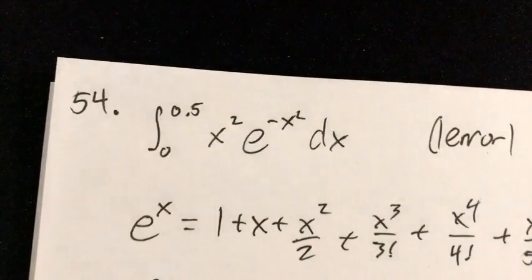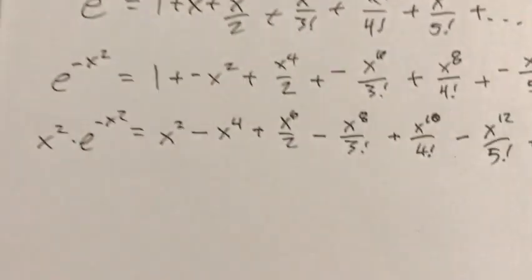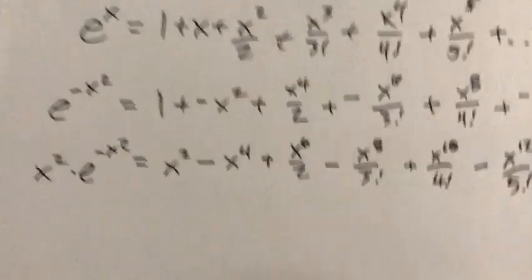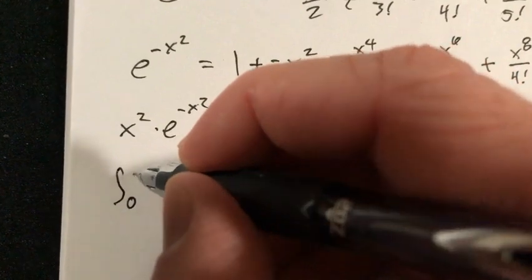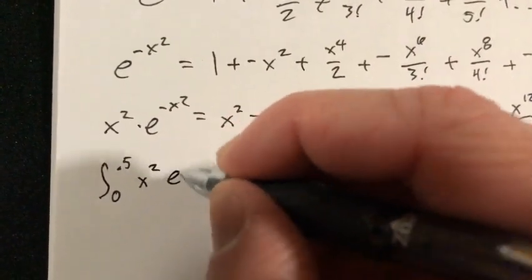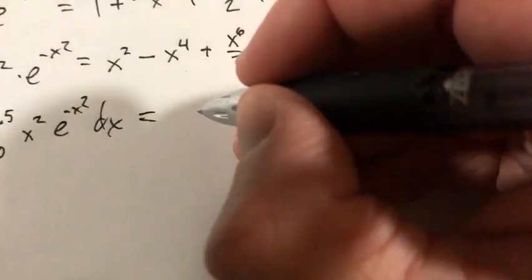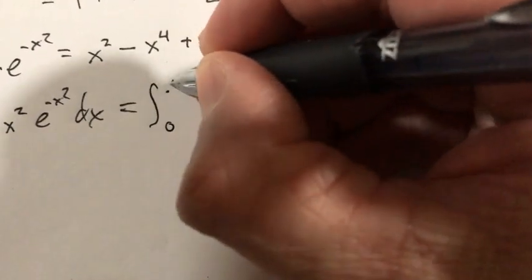Now, as much as we don't know how to take an antiderivative of something that looks like this, we do know how to take an antiderivative of something that looks like this. So our integral from 0 to 0.5 of that stuff will be, and I'm not sure on notation here, honestly, if this is technically correct for me to say, but I do know that it's going to lead to the right answer.